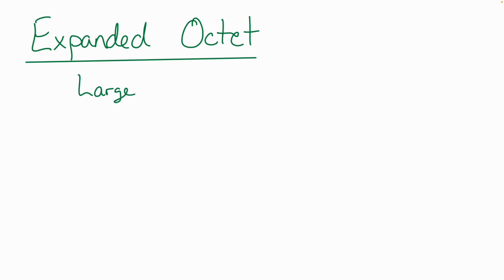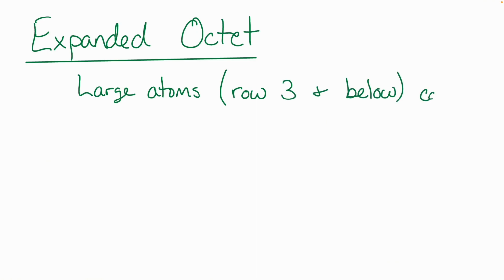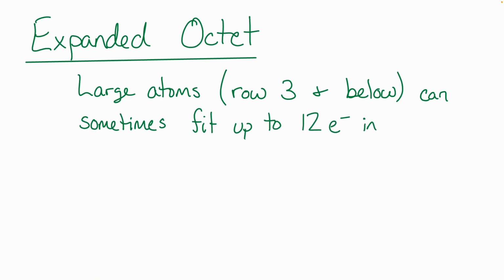Okay, so it turns out that large atoms, and by that I mean row 3 and below, can sometimes fit up to 12 electrons in their quote-unquote octet.